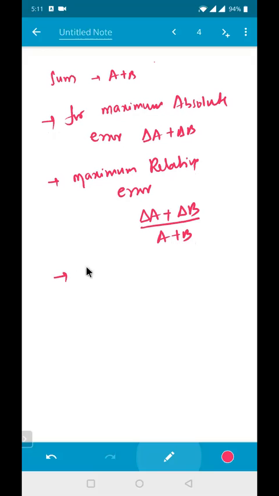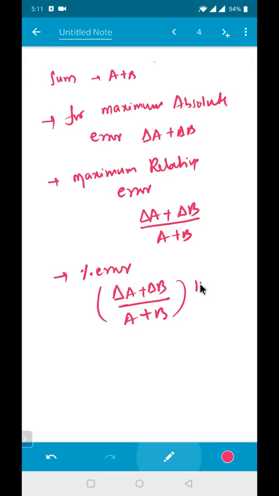In the same way, for maximum percentage error, it is delta A plus delta B divided by A plus B into 100, because we'll surely be getting one question from units and dimensions and errors completely.